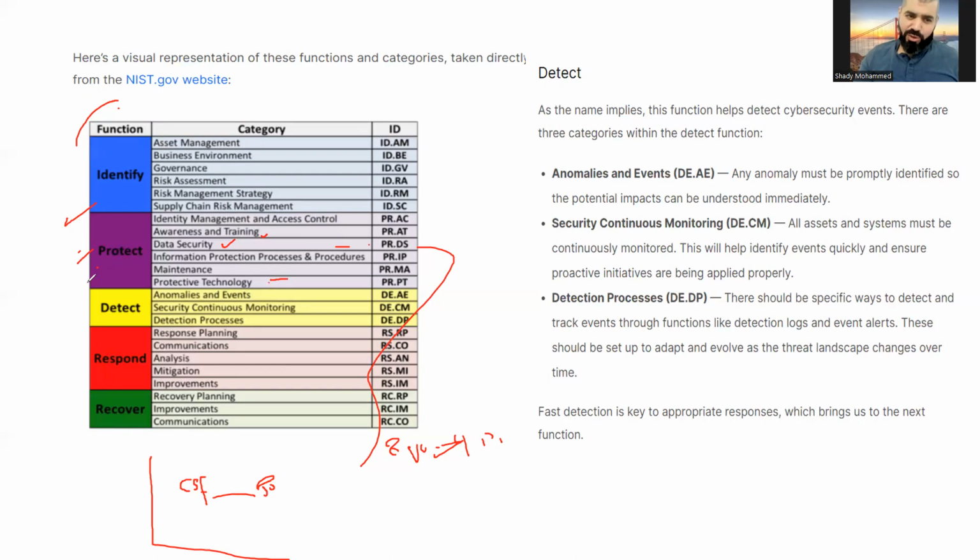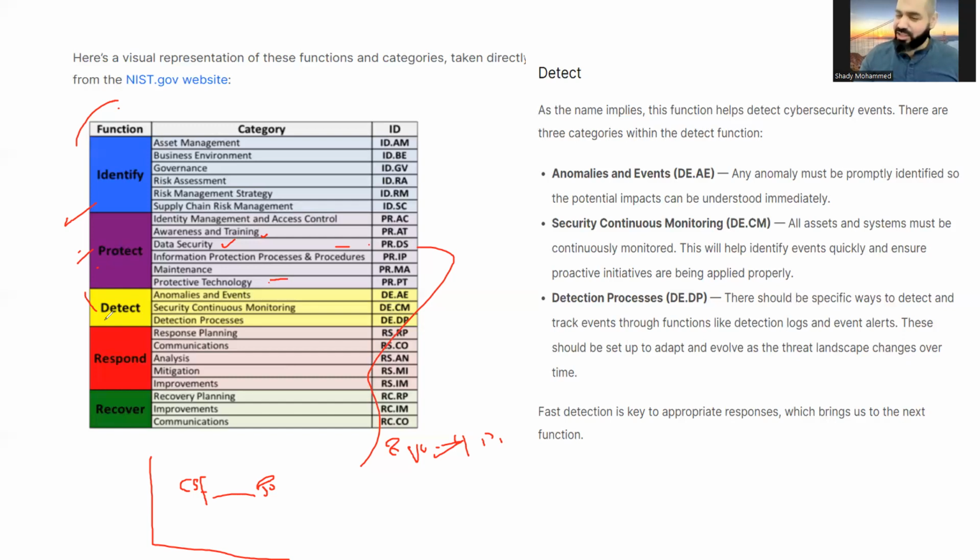And I told you we will not look at the detection phase, because for the detection phase we have an entire course on how to detect the threats and how to look for anomalies within the networks and how to identify these threats and try to mitigate them.